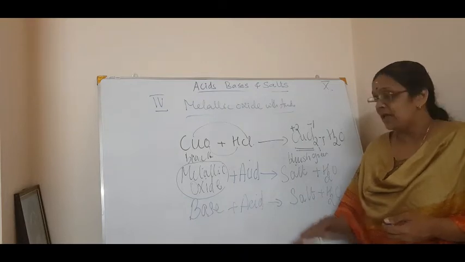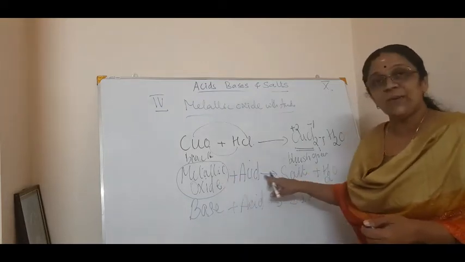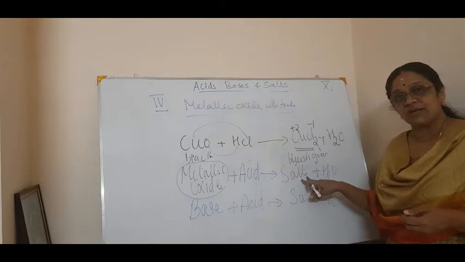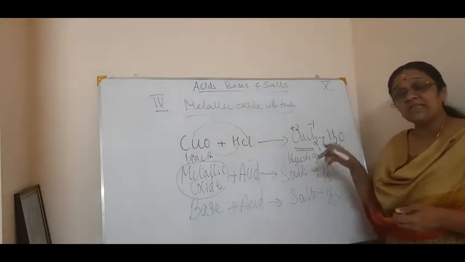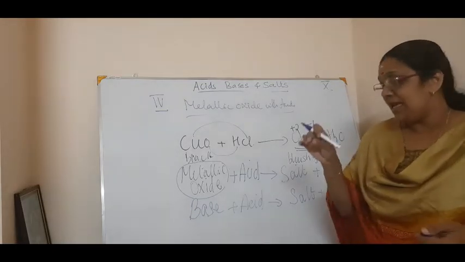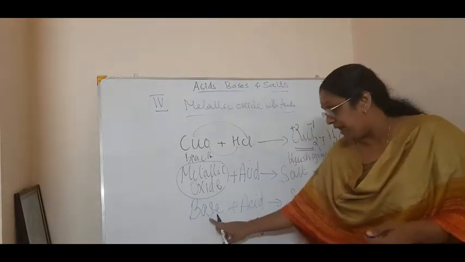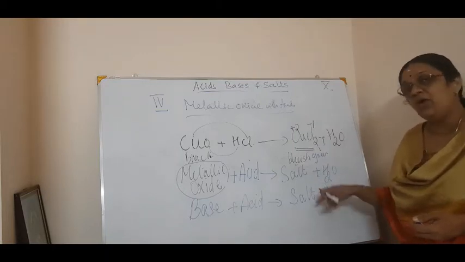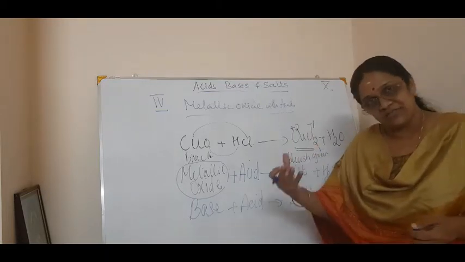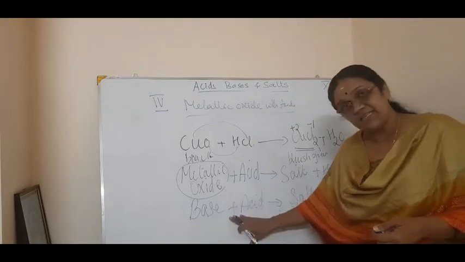What will you do? You have to write the generalized equation: metallic oxide plus acid giving salt and water. Then you write, in analogy to base plus acid giving salt and water, that is the neutralization reaction. Then you write this equation.